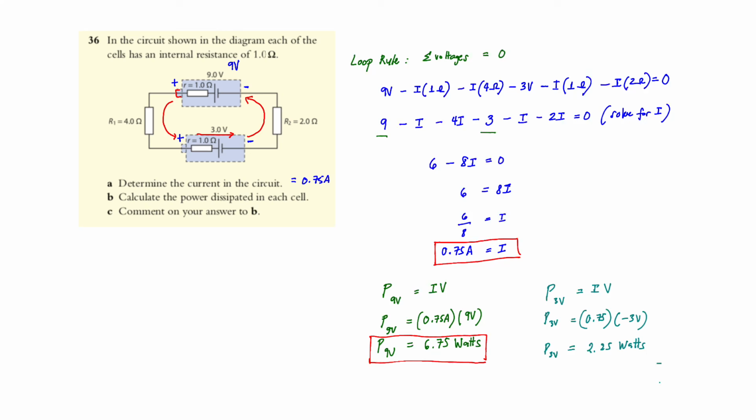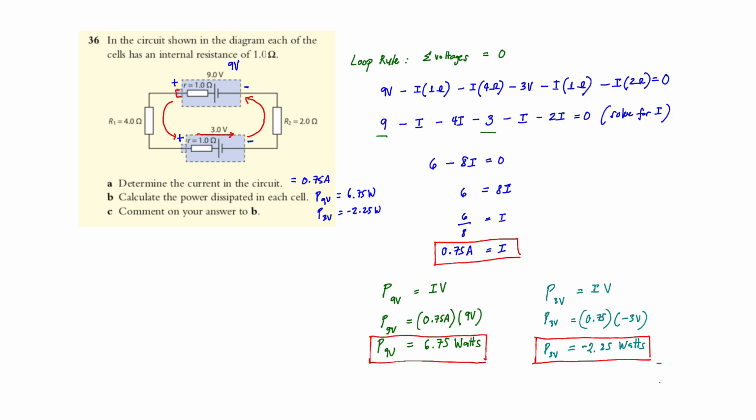So that is 3 times 0.75, so that is negative 2.25 watts. However, power is a scalar quantity, right? So this one calculates the power dissipated in the cell, and this is our answer. For the 9 volts, that is 6.75 watts. But for the 3 volts, that would be 2.25 watts.